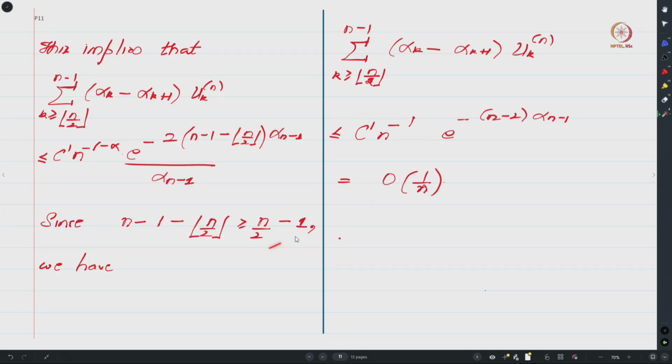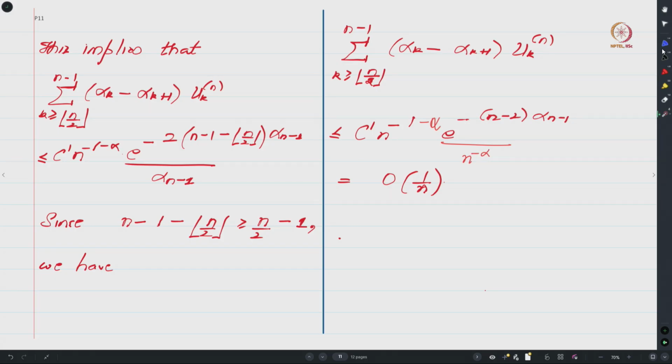This is something very easy to check, and hence one can show that this whole expression is upper bounded by c prime times n raised to minus 1 minus alpha, and in the denominator you had alpha over n minus 1, which is again n raised to minus alpha.